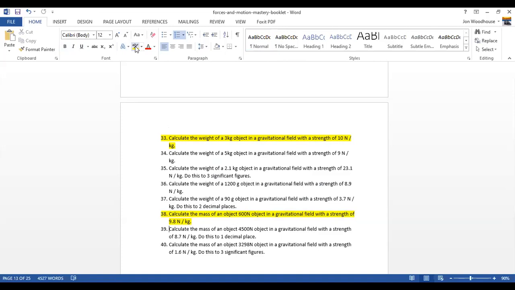Okay, so 33, calculate the weight. So what we're going to do is we're going to calculate the weight of a 3 kilogram object. So weight is equal to, we don't know.